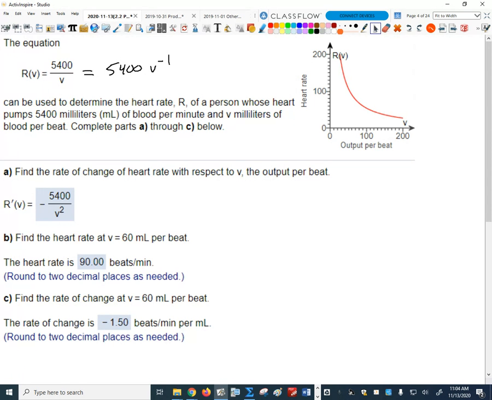Now, what would the units of that be? Let's think about that in terms of units. R prime of V is going to be the rate of change of the heart rate with respect to volume per beat, right? So the units would have to be the units of rate divided by the units of volume per beat.